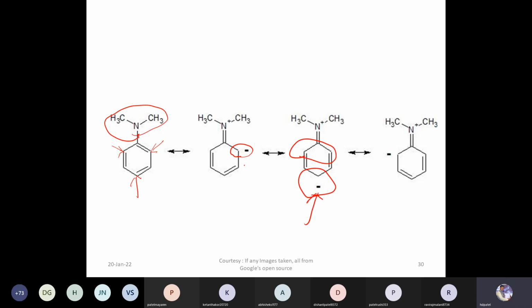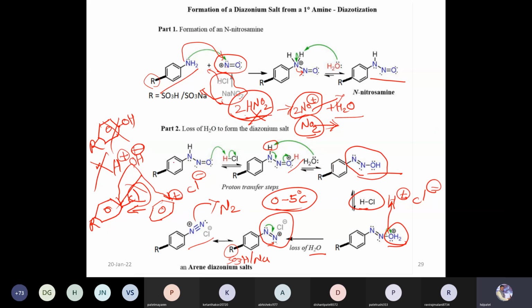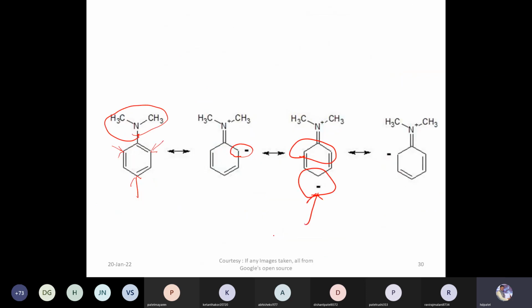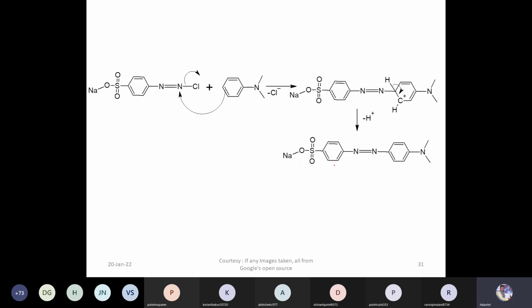As we have seen in the previous step, we are having N plus Cl minus. This N plus will bind over here, and finally we will get the diazonium coupling product, methyl orange.